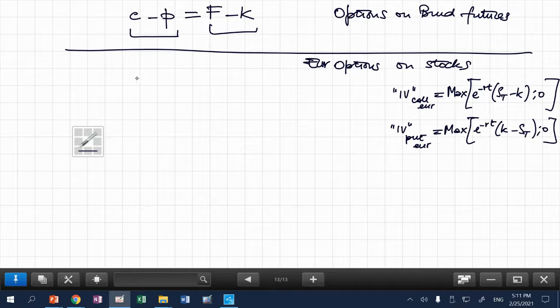So, in general, what is call minus put going to be equal to? Call minus put is going to be positive when the call option is in the money. Okay? So the difference between the two is simply the discounted value of ST minus K, with the understanding that if ST minus K is positive, it's the call being in the money, and then the call is worth more than the put.